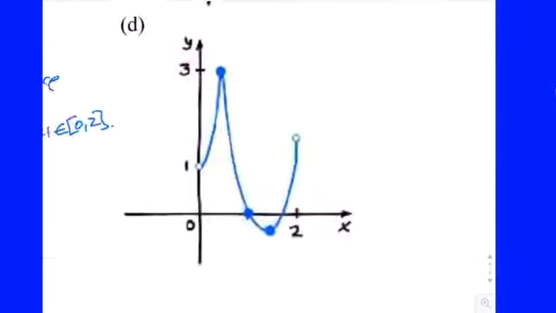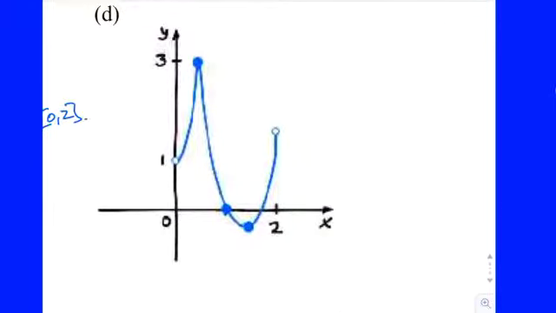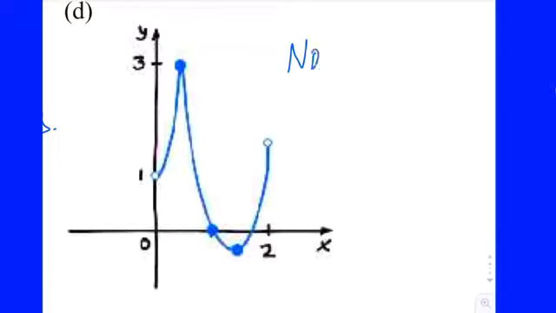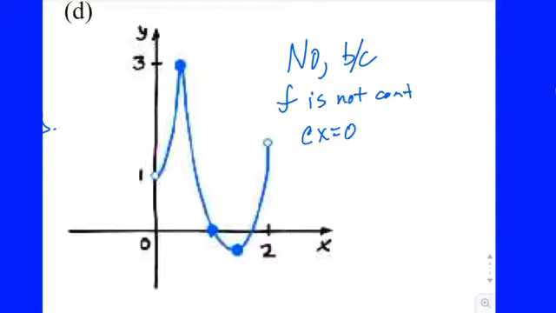And finally, letter D. EVT apply, yes or no? These are all no, right? Since f is not continuous at x equals 0, you could put 0 or 2, which are in the closed interval from 0 to 2. One of them is enough to make it not apply, right?